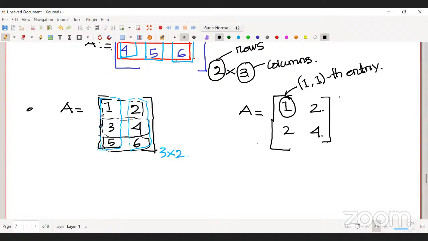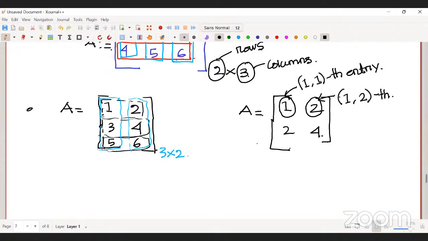Similarly, this number 2 is in the first row and second column. That order is important. That's why this is the 1,2 entry of the matrix.